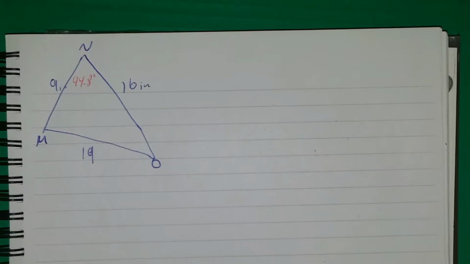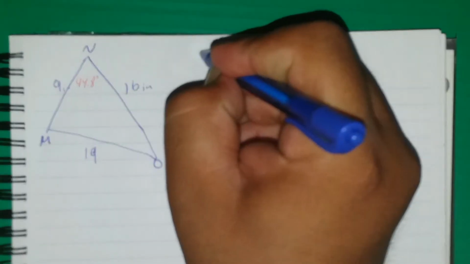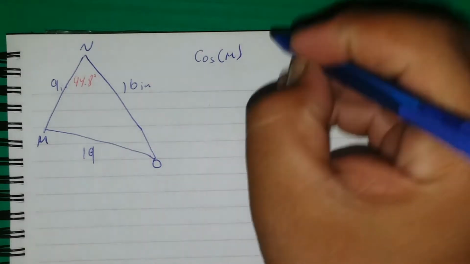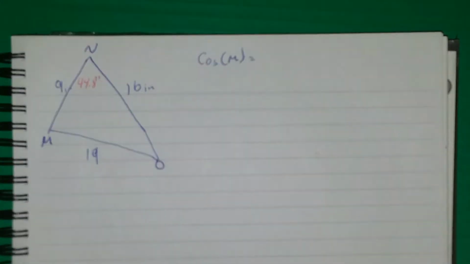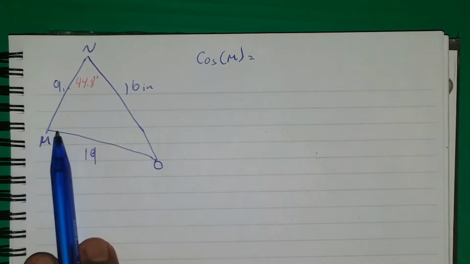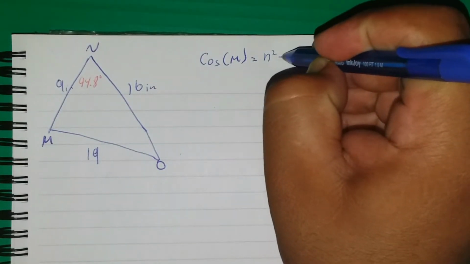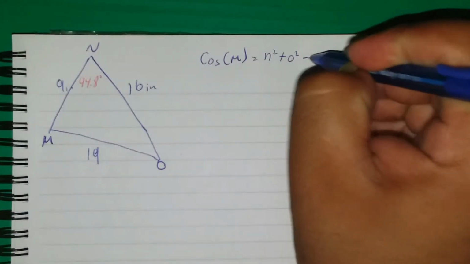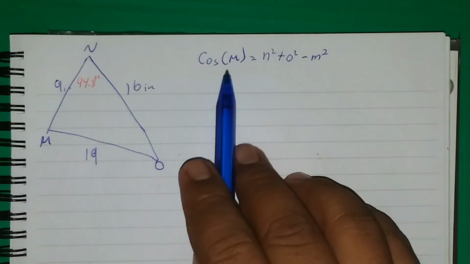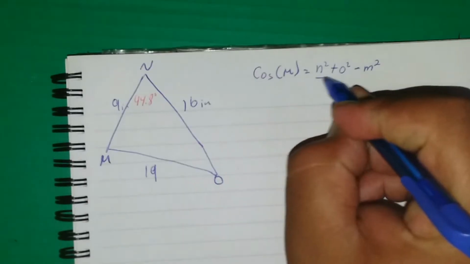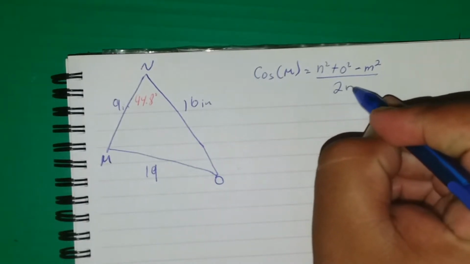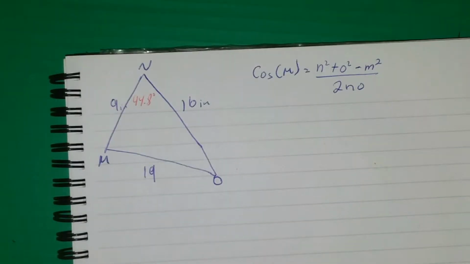Angle m, so we're going to say cosine of angle m equals, since I'm solving for angle m, I must start out with the other two sides, which is going to be n and o. So there's going to be n squared plus o squared, and I will be subtracting side m squared, over 2no, right, which is the denominator now.